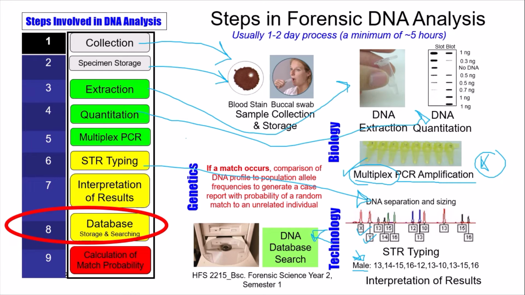So that once you start searching, you search so that you can identify if you're able to get any hits. So you compare the DNA profile that you have obtained to either a population allele frequency profile or now the criminal database profile, so that you can check for the probability of random match to an unrelated individual.